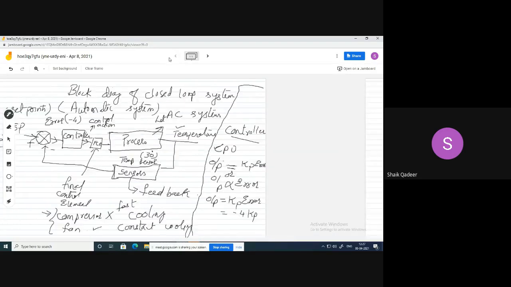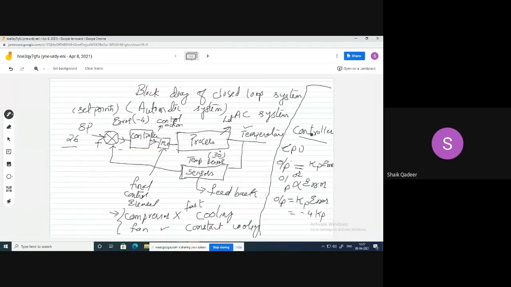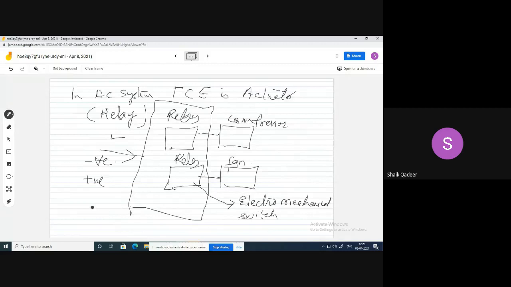I told you the controller is actually a central processing unit which is executing an arithmetic equation. The equation is something like this: the output of the controller is directly proportional to error. If we remove the proportionality constant, it is equal to Kp times the error. In the present case, it will be equal to -4 times Kp. The output of the controller is applied to the relay.